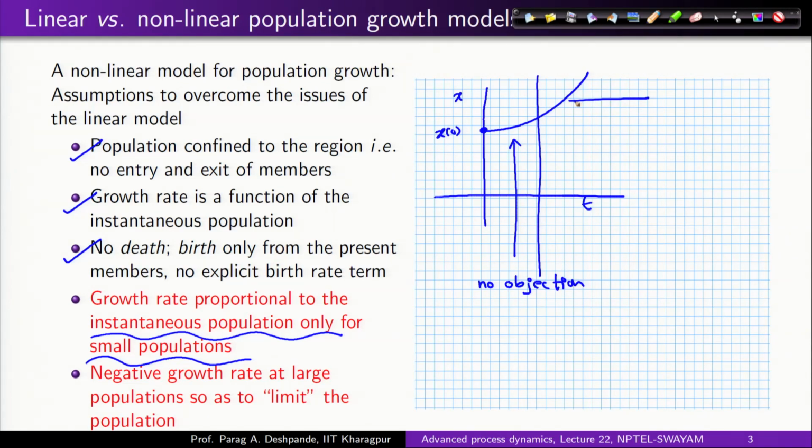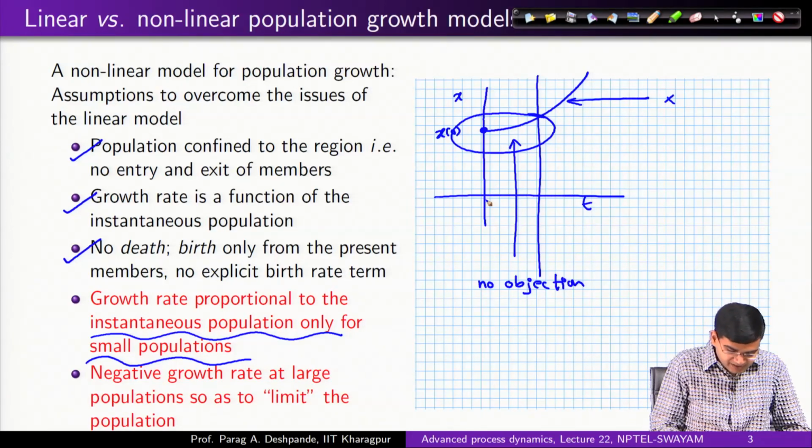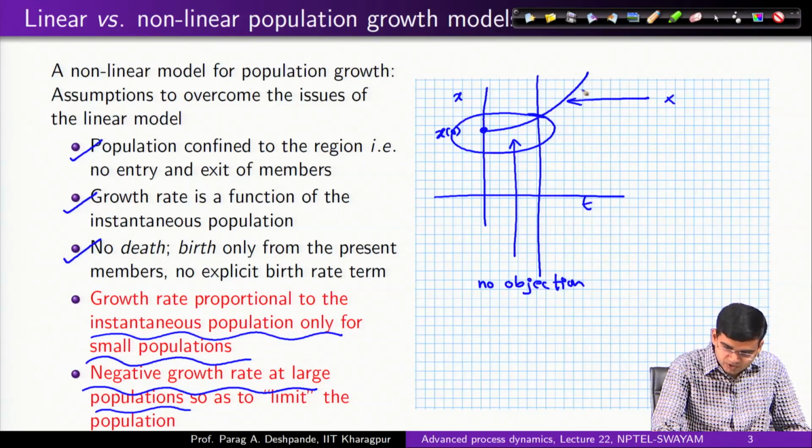The problem is here, we cannot accept this, that the population goes to infinity. So, therefore, the growth rate should be proportional to the instantaneous population only in small populations, right, when t is close to 0, and then negative growth rate at large population. As population grows, the growth rate becomes negative.